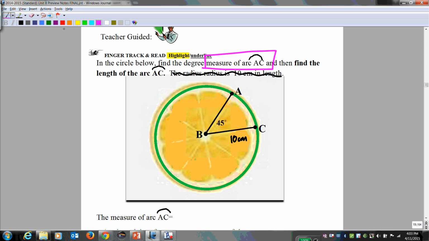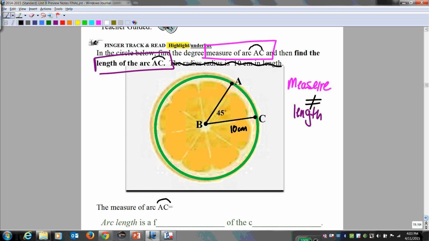Measure of arc, length of arc. Not the same thing. Watch very carefully how we do this. Measure of an arc, M-E-A-S-U-R-E, and length of an arc. They are not equivalent. Watch very carefully how I distinguish those things.